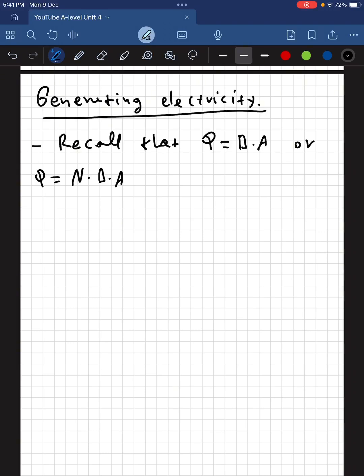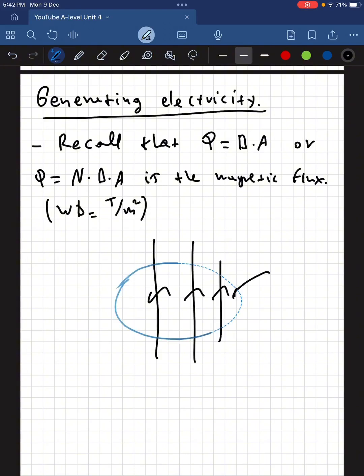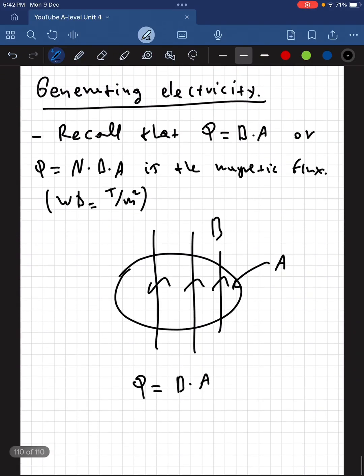Recall that phi is the magnetic flux, and again, it's measured in Webers, which is Teslas times meters squared. So this is the situation. We have a cross-sectional area and B, and phi is B times A.